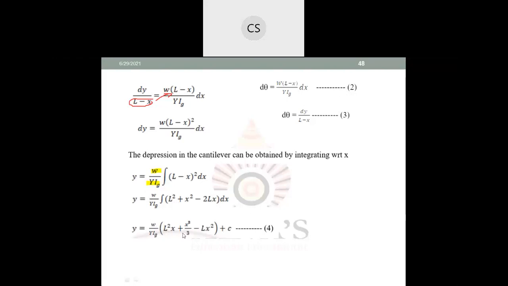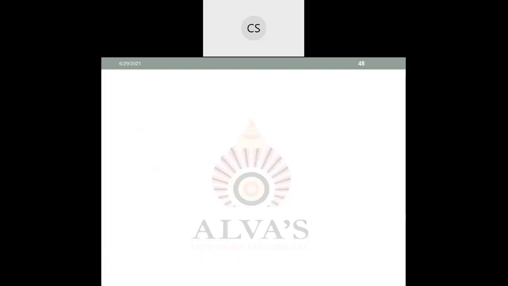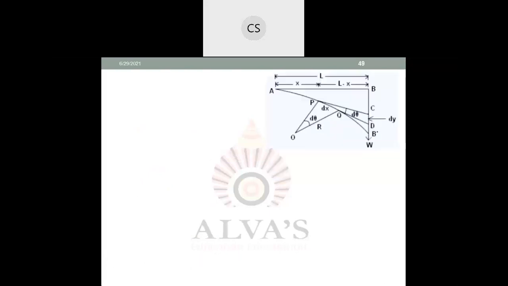Inside, first expand this. L minus x whole square expands to L square plus x square minus 2Lx. Now integrate that: L square x plus x cube by 3 minus 2L times x square by 2, the 2 gets cancelled, leaving L x square, plus c, which is a constant of integration. How do we get the value of c? The value of c can be obtained by using the boundary condition.